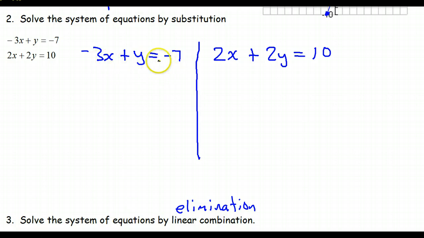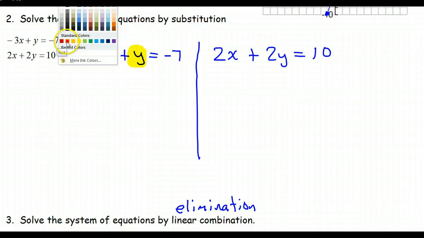And it really doesn't matter if it's x or y, whichever is easier. And in this case, this y right here is going to be the easiest variable to isolate. Notice we have an x and a y and an x and a y, but there's no coefficient other than 1. So that makes this the easiest.